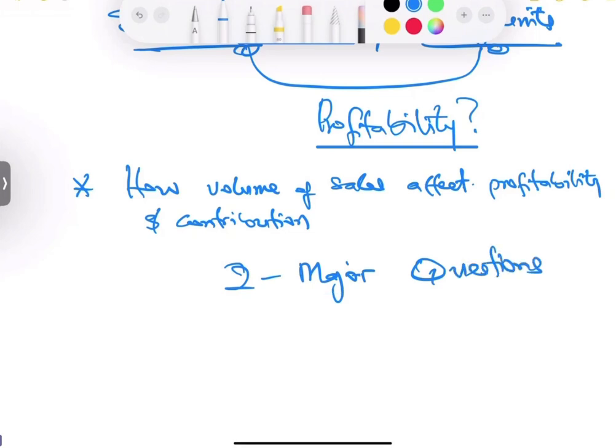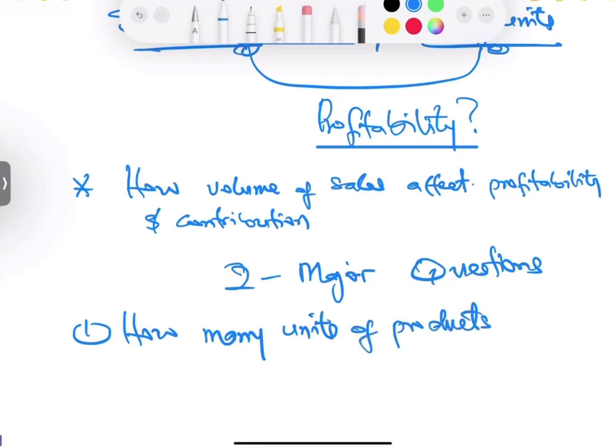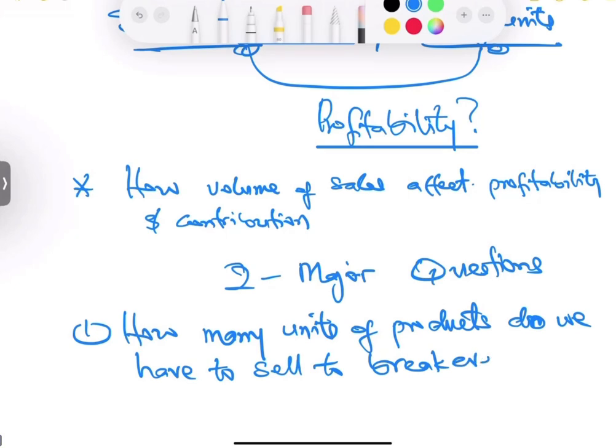The first question is, how many units of our product do we have to sell to break even? That's the first question. What does it mean to break even?